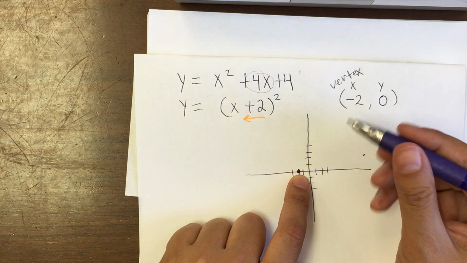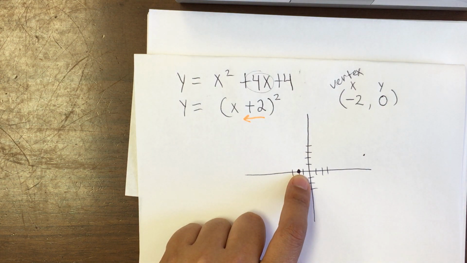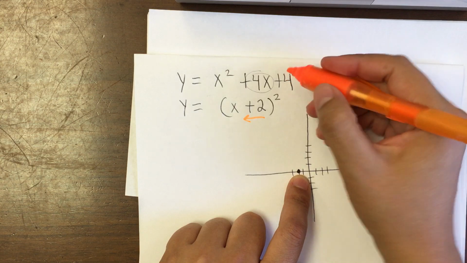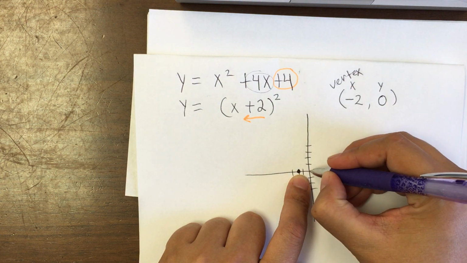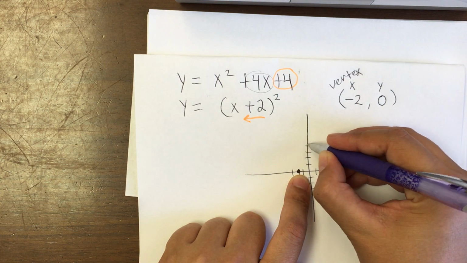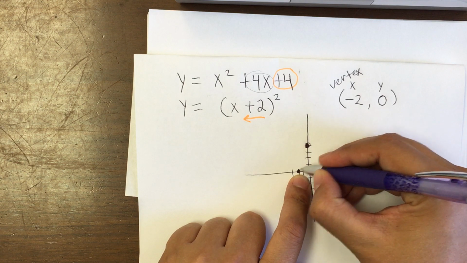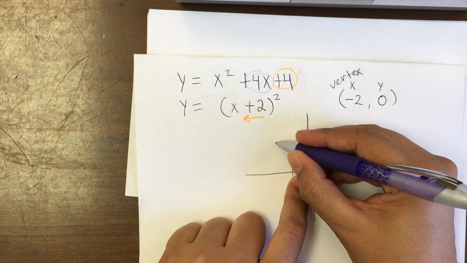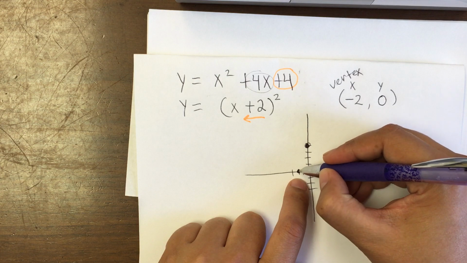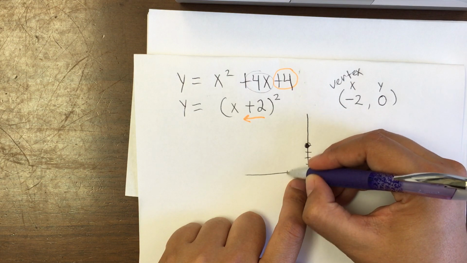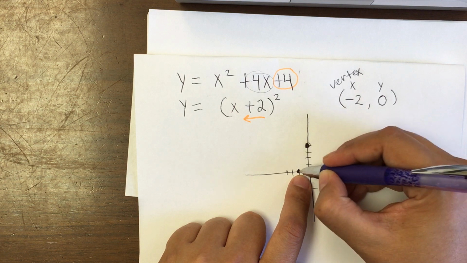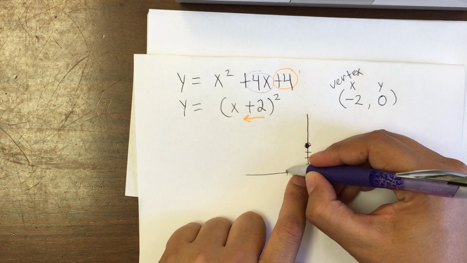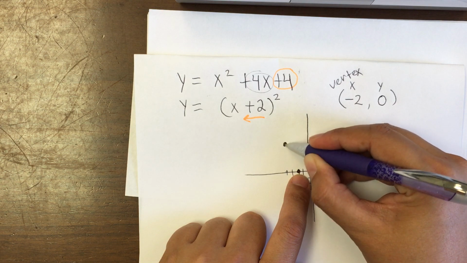Okay, so I look at my y-intercept. That's my next point that I need to locate, and in this case it's 4, so it's going to be 1, 2, 3, 4. And since the vertex is where it opens from, that means it's going to open in that direction as well. So 2 spaces on this side; if I go 2 spaces to get here, then I'm going to go 2 spaces on the other side and then up to 4.